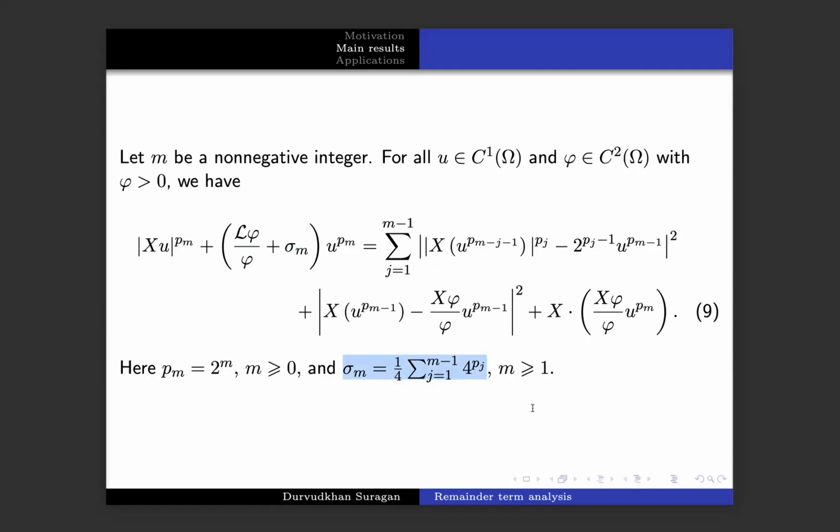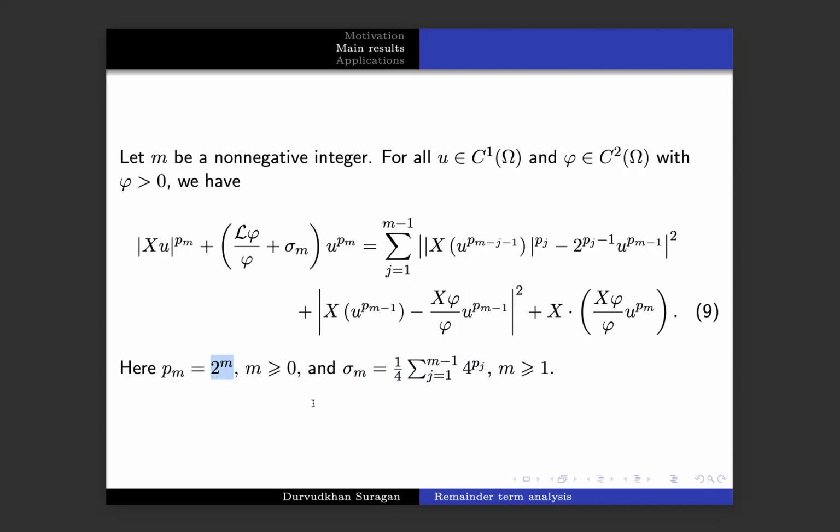Another weakness of this formula is that we are able to obtain it only in the case when p, the degree, is some power of 2. At least as far as we know, only in this case does our technique work to obtain the relation.